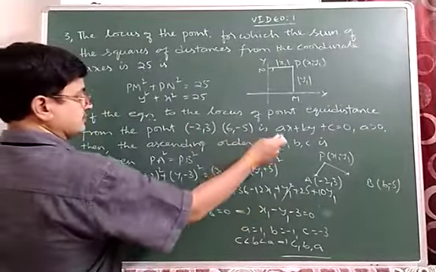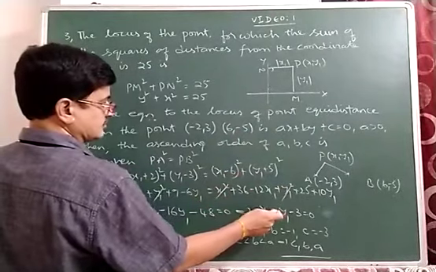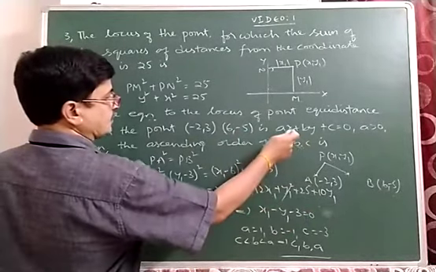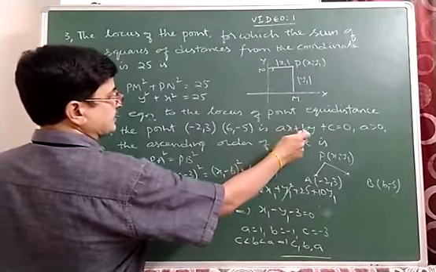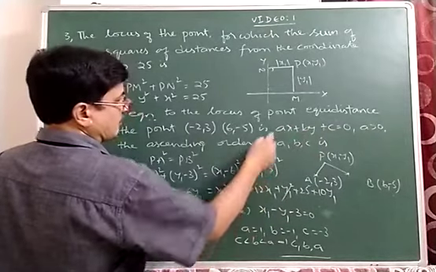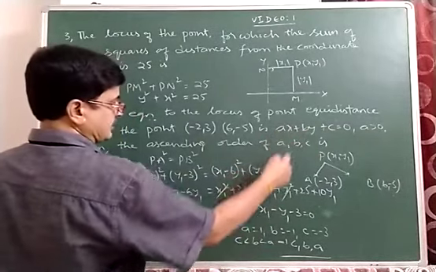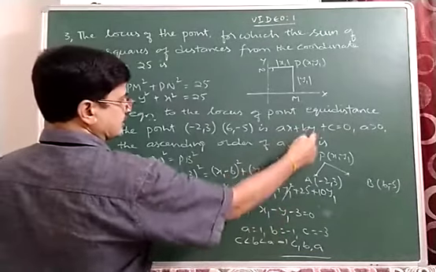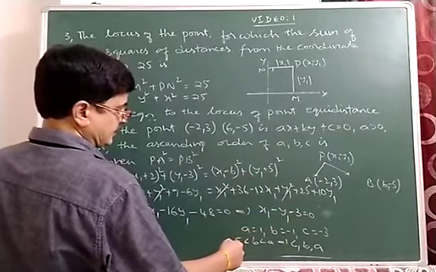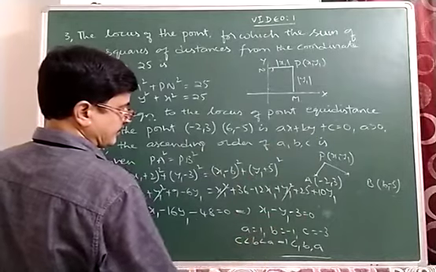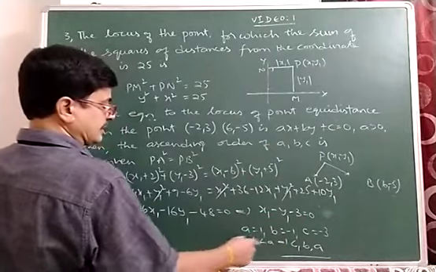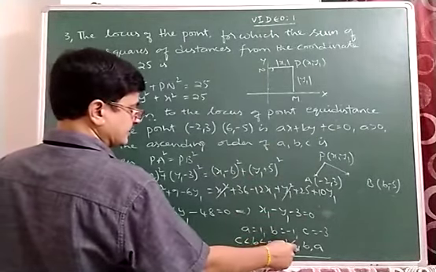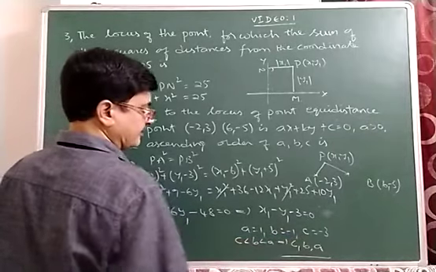Now comparing x1 minus y1 minus 3 is equal to 0 with the equation ax plus by plus c is equal to 0, where a is equal to 1 and b is equal to -1 and c is equal to -3. Now c is less than b is less than a. So that implies ascending order of a, b, c is c, b, a.